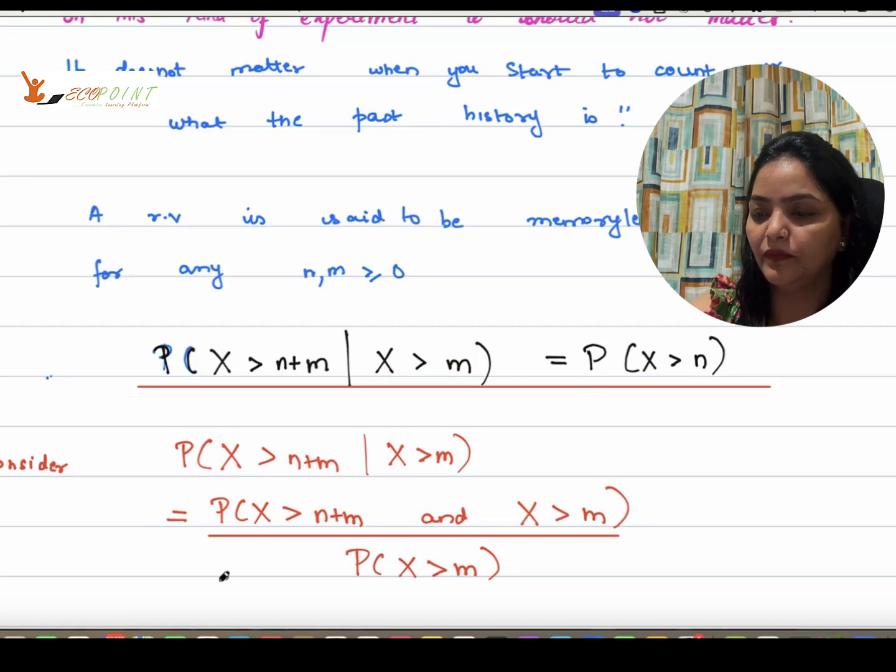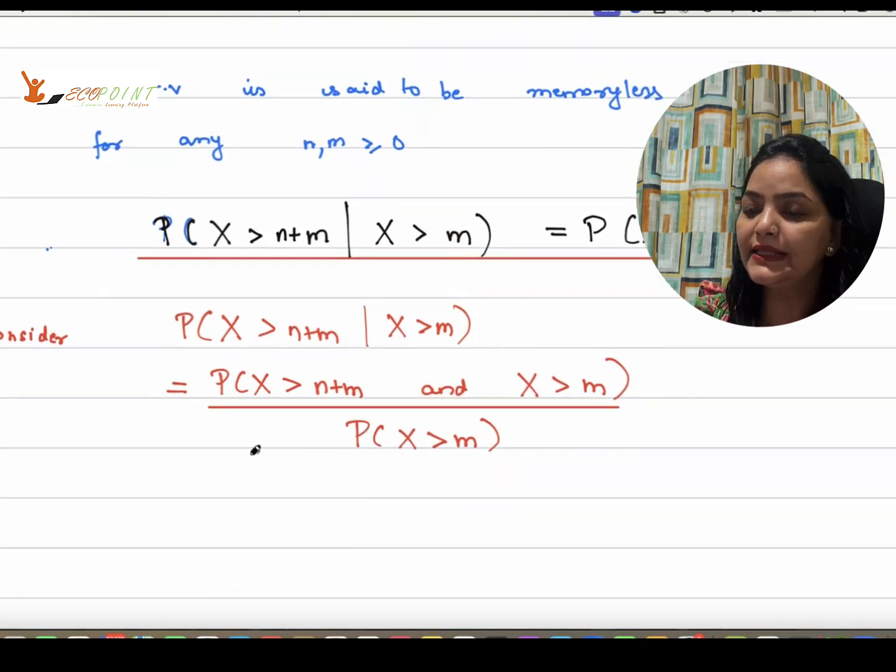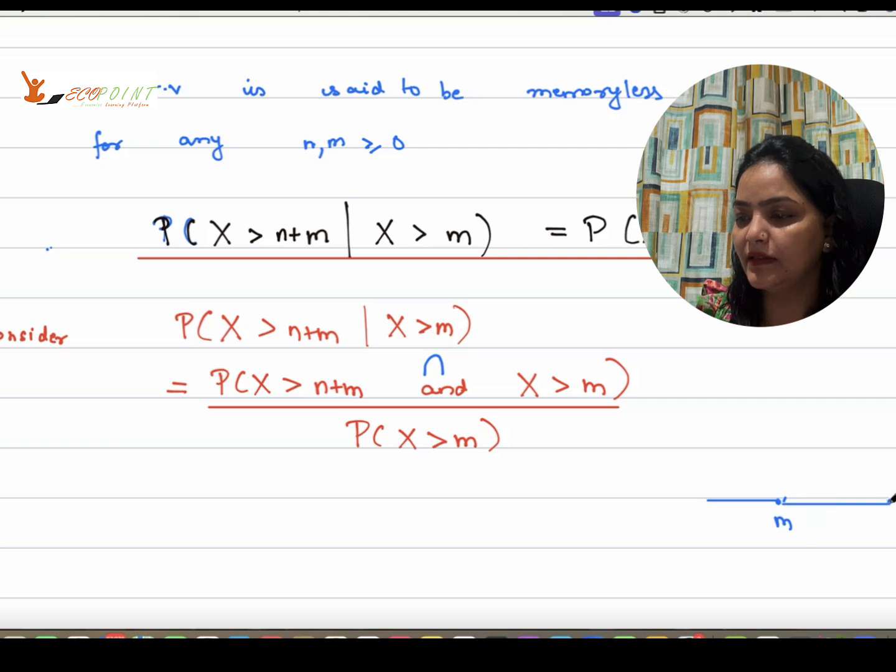Now, what will this intersection be? This is nothing but the intersection of greater than m and greater than n plus m. So suppose this is m and this is n plus m.